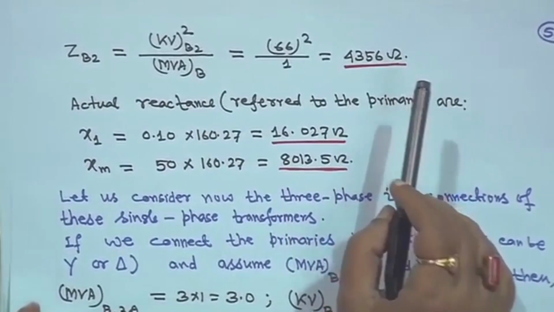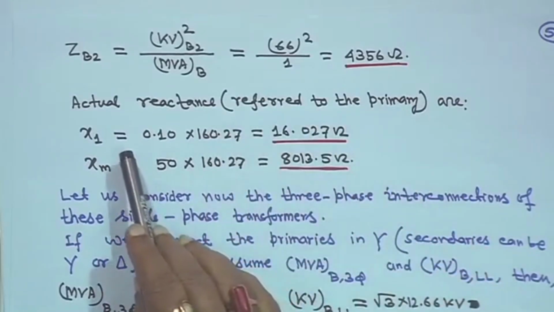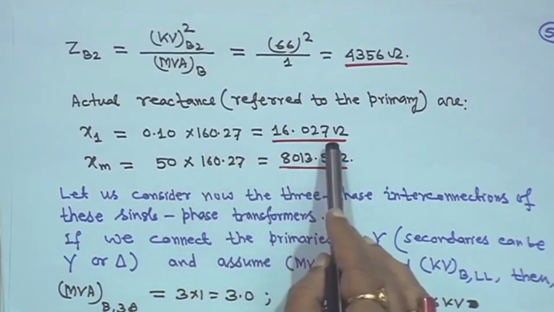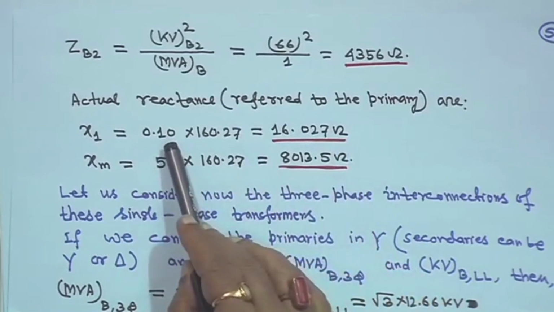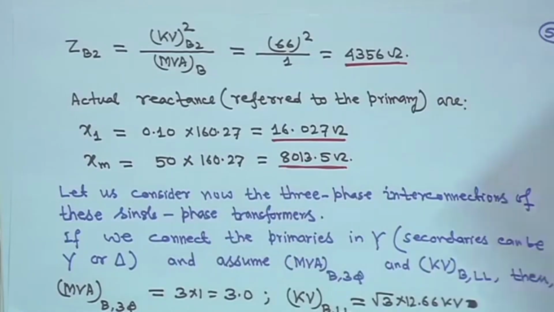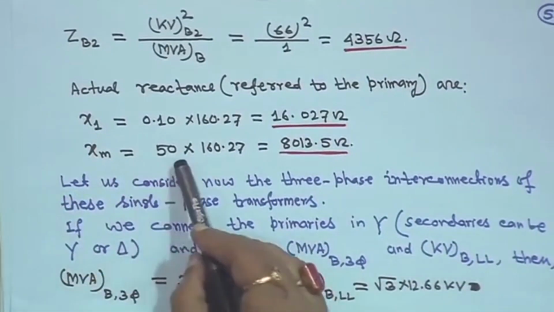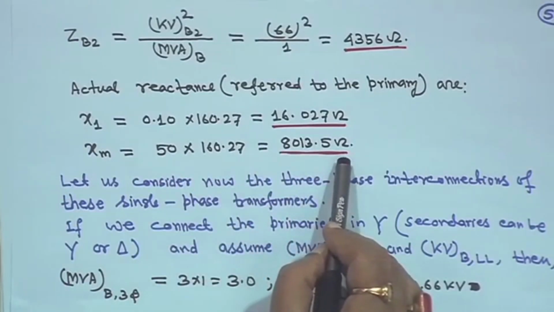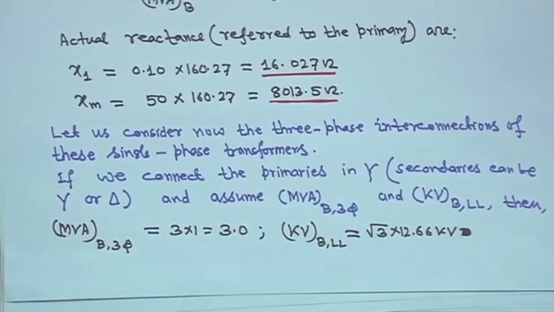So the actual reactance referred to the primary, X1, is equal to 0.1 into 160.27, that is 16.027 ohm, because the leakage reactance was given as 0.1; we are writing it here as X1 referred to primary. Similarly, XM is 50 into 160.27, 8013.5 ohm.